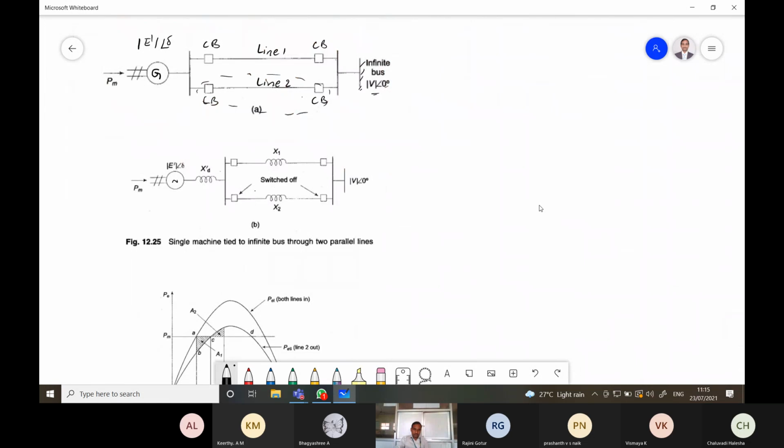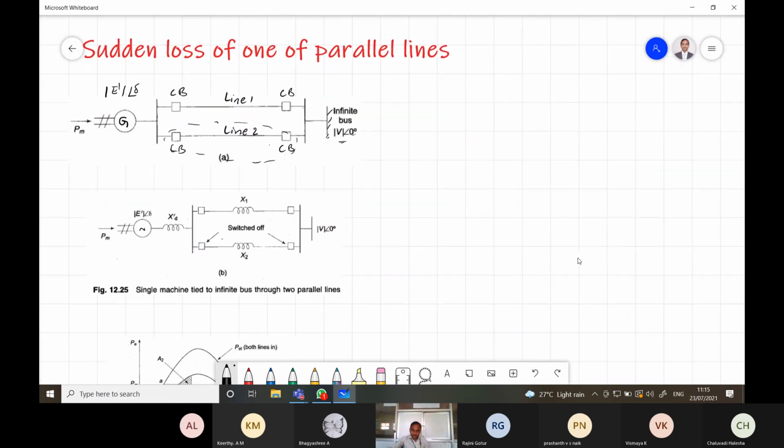Now we can write the power angle equations for this. Initially the pre-fault condition, which means both the lines exist.